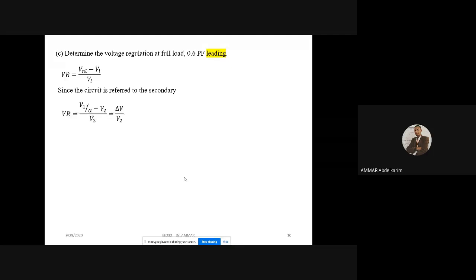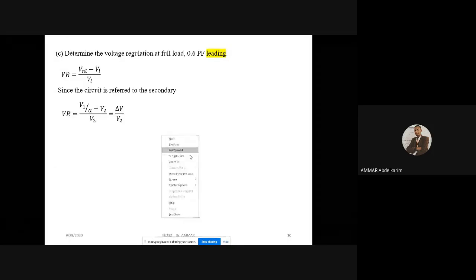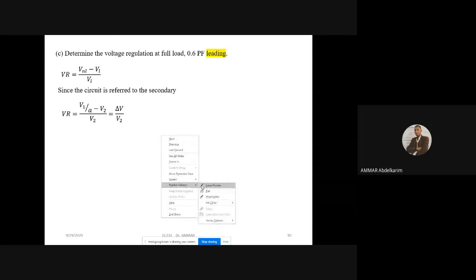Since the circuit is referred to the secondary, we are working on the secondary, so the voltage regulation equals V2, the voltage across the load, minus V1 over A, the primary voltage referred to the secondary, which is the no load voltage, before connecting the load.